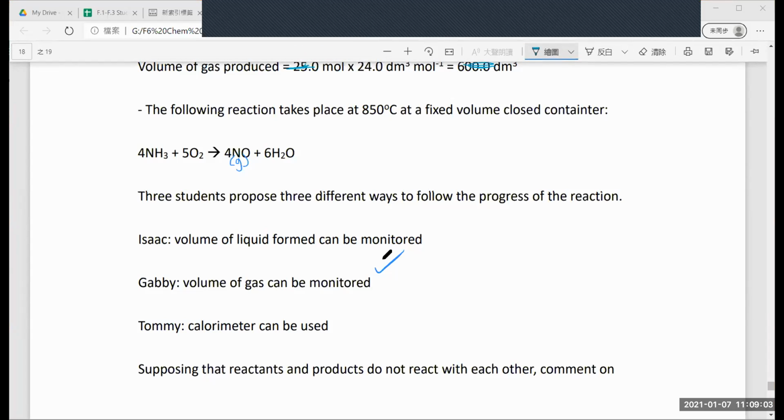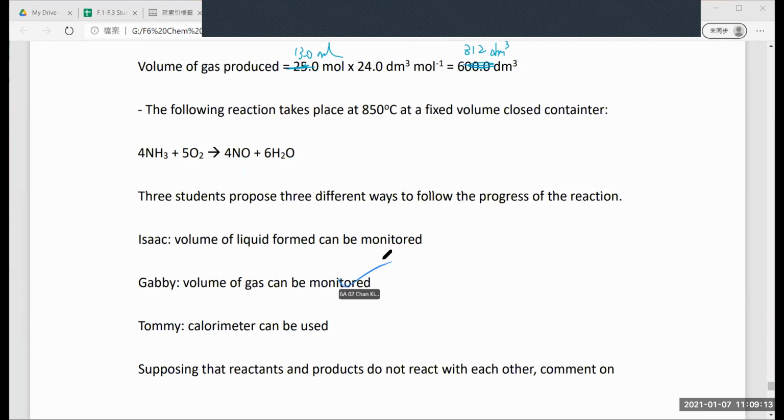Volume of gas is feasible, is it? How about the volume of liquid? Why is the volume of gas feasible? Because there are more moles of gas on the product side than on the reactant side.